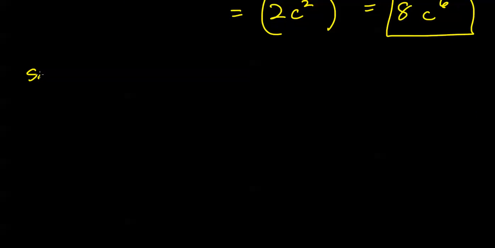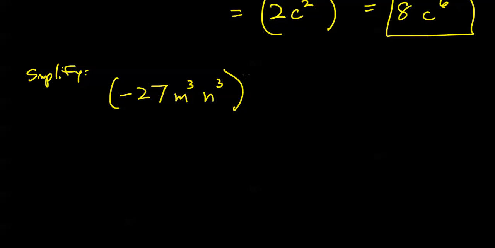Simplify. Minus 27 m cubed n cubed raised to the 2/3 power. Now, after you practice these a bunch, some of these you can do in your head. I'm going to take the 3rd root of this base. Can we do that in our heads?